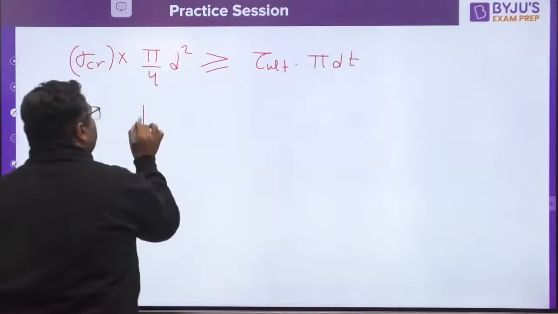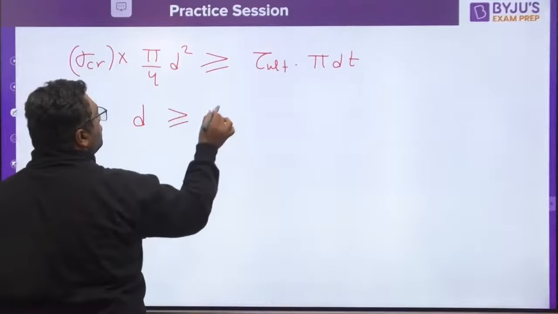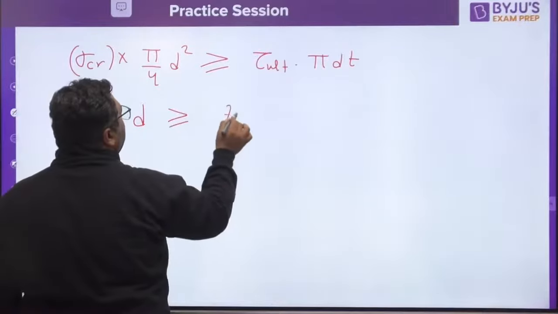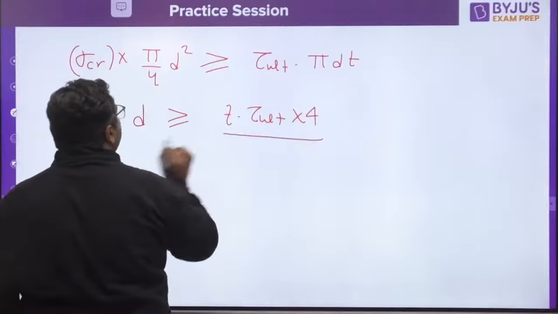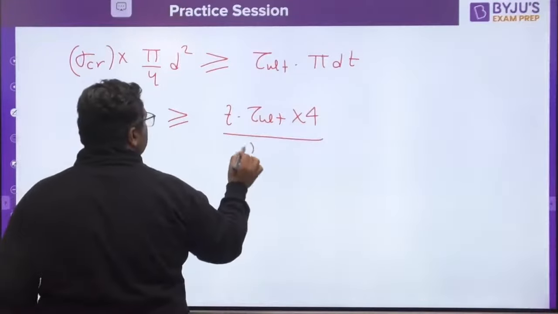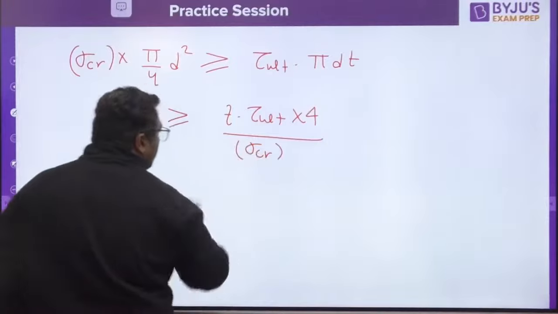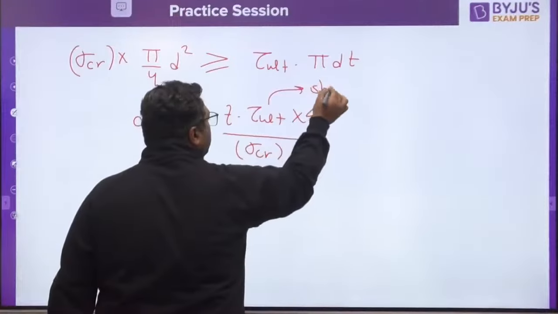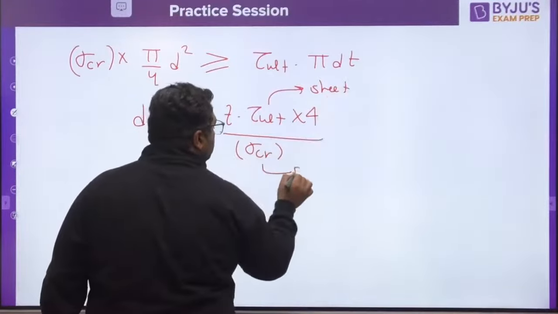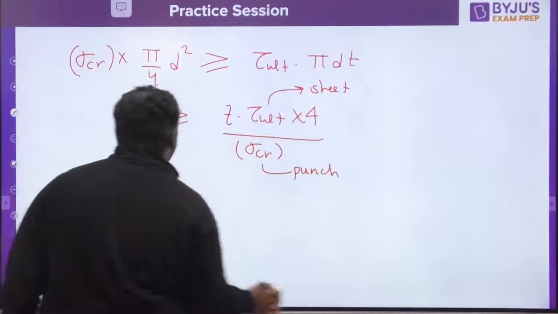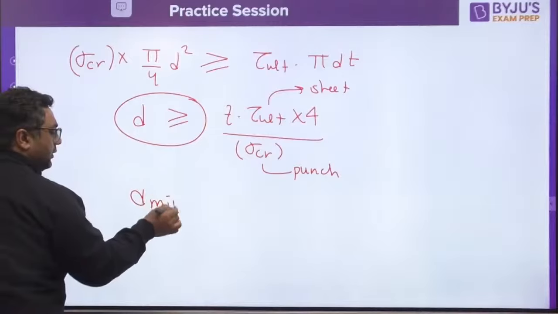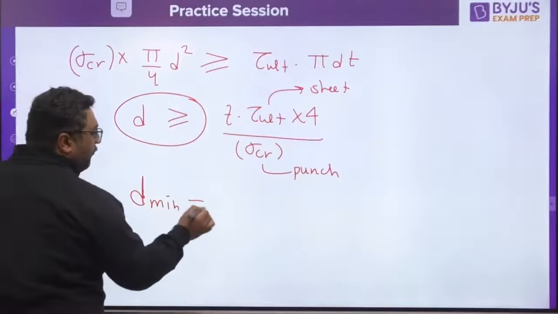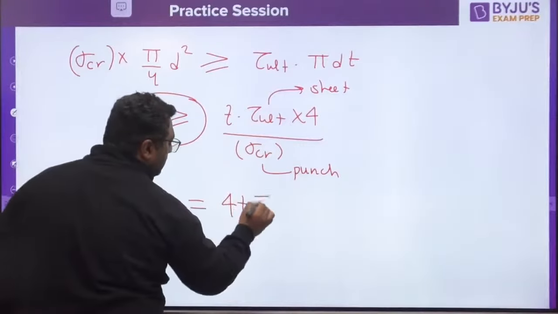So you get d should be more than or equal to t into tau ult into 4 divided by sigma CR. So mind it, this is for the sheet, this is for the punch. D is more than or equal to means this is the minimum value of diameter. This is the minimum diameter of hole you can produce.